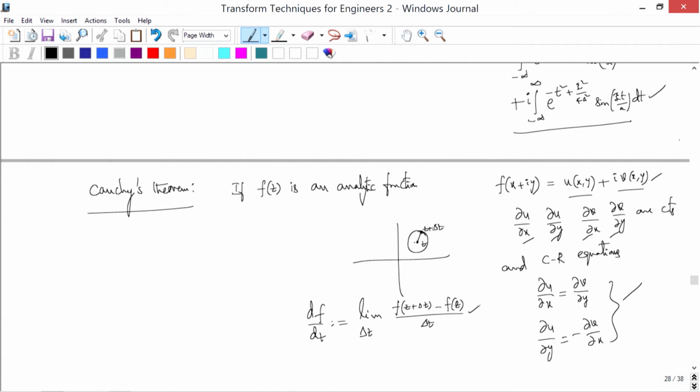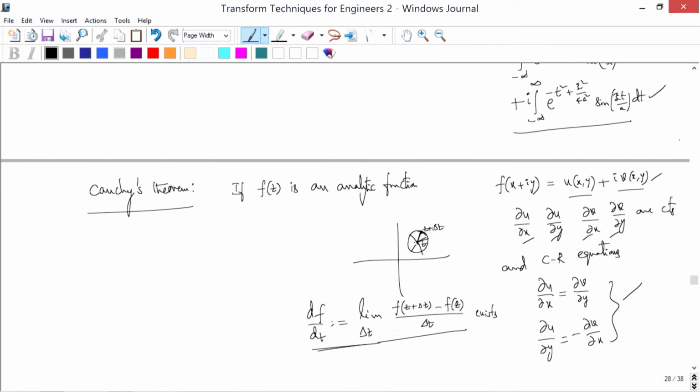If this limit exists in all directions, whichever way you come, and the limit is the same, then you say that the derivative exists.